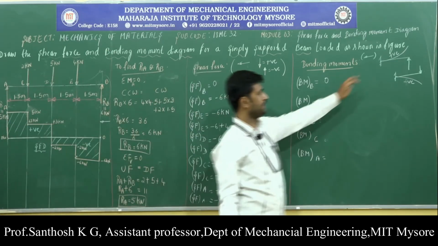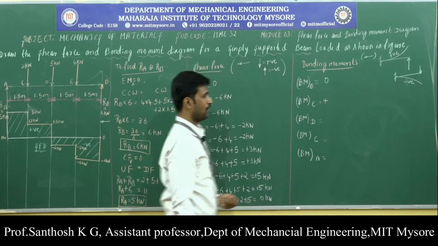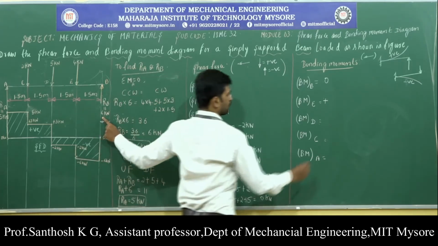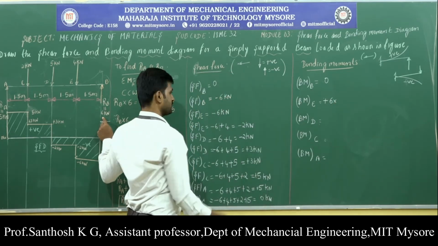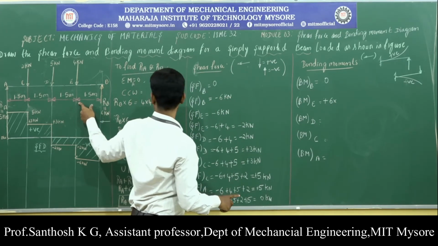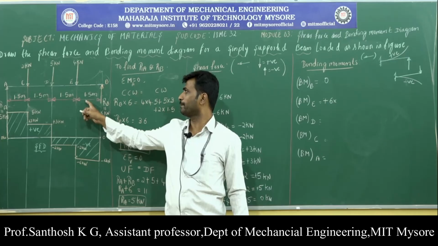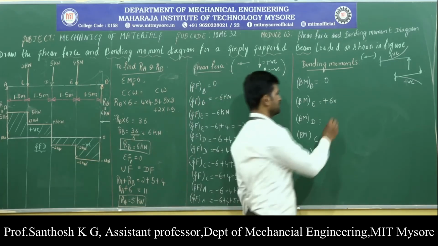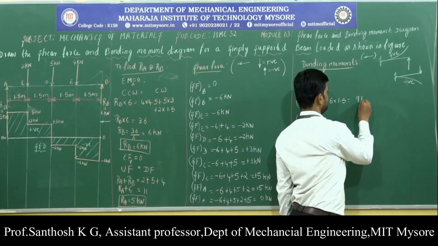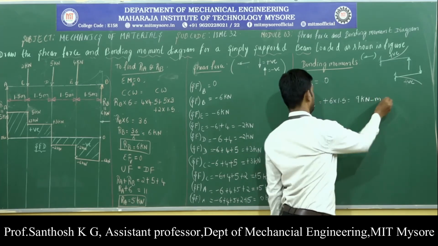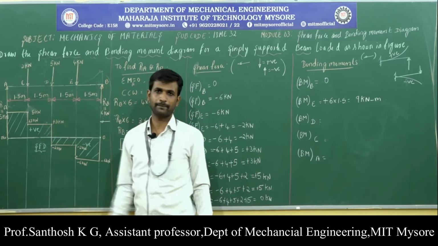Since the bending of the beam is upward due to RB, I should denote it by the positive sign, and the magnitude of the bending moment will be equal to force times the distance of the force from point E. This force 6 is at a distance of 1.5 meters from E. So 6 into 1.5 is 9 kilonewton meter.